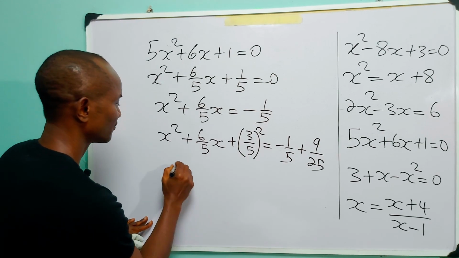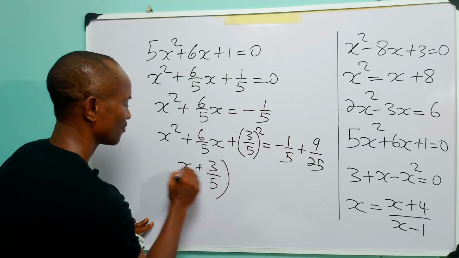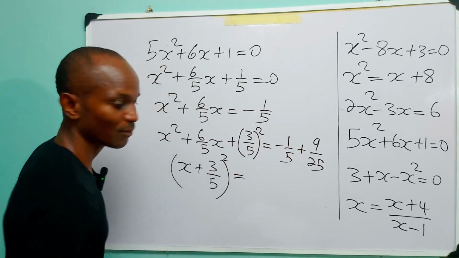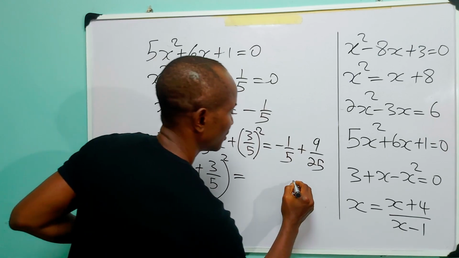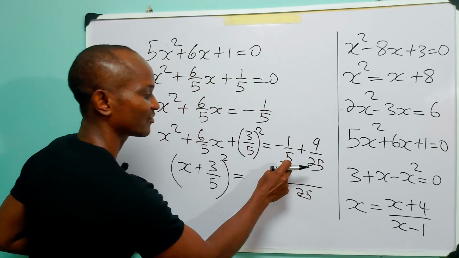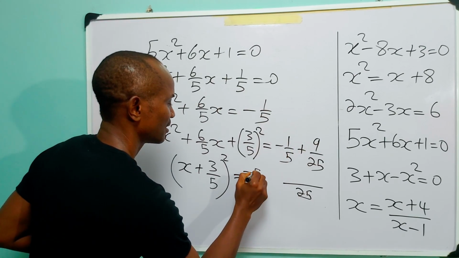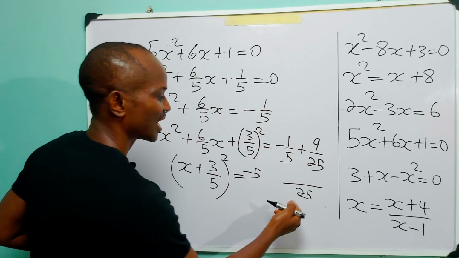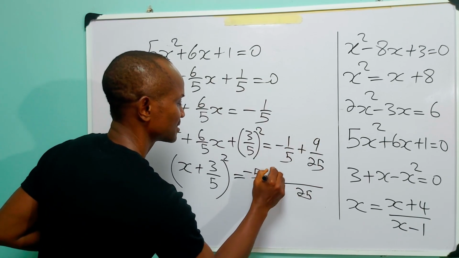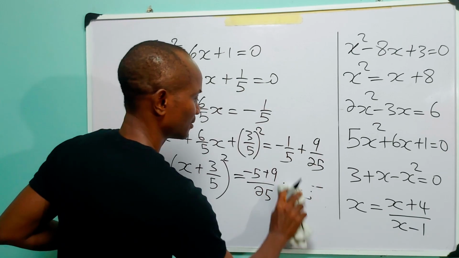And of course, we take 3 over 5, and we square them. Then this is equal to, we take LCM, this is 25. 25 divided by 5 is 5 times minus 1, that is minus 5. And 25 divided by 25 is 1 times 9 over 25.